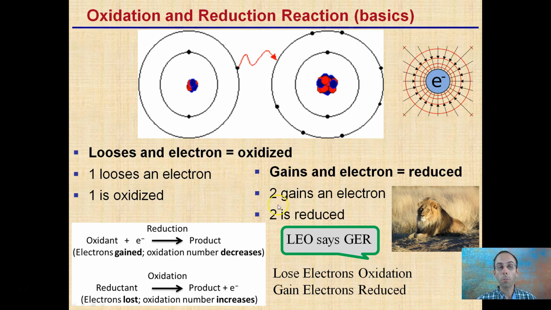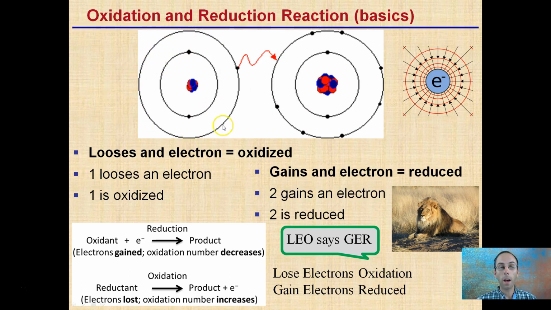The trick to remember this is LEO says GER. LEO stands for losing electrons is oxidation, says GER: G-E-R stands for gaining electrons is reduction. So if we're gaining electrons, we're going to be reduced. But in order to gain an electron, another atom or molecule needs to lose an electron.